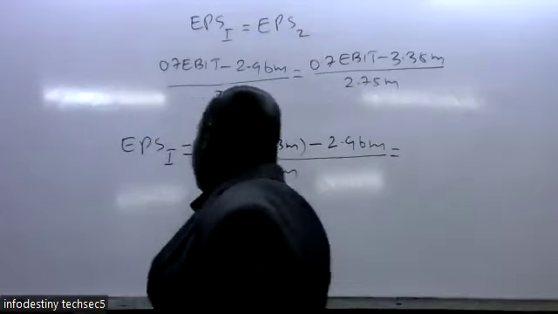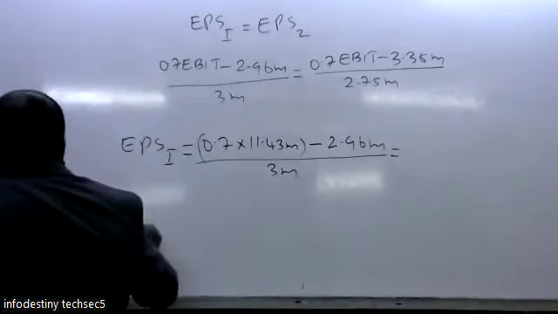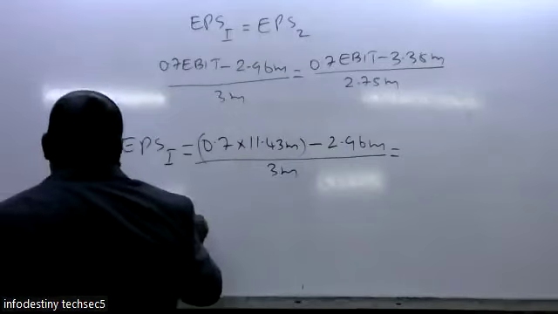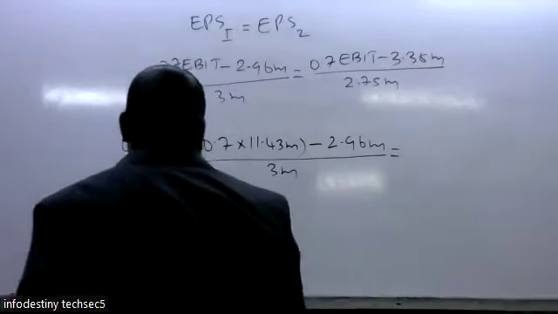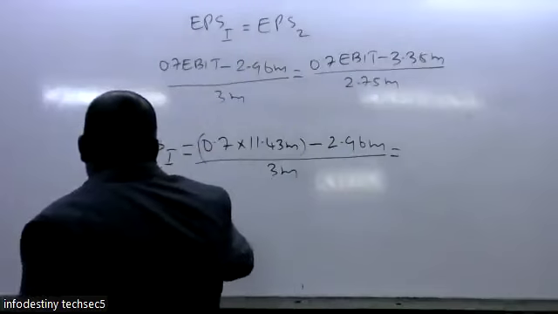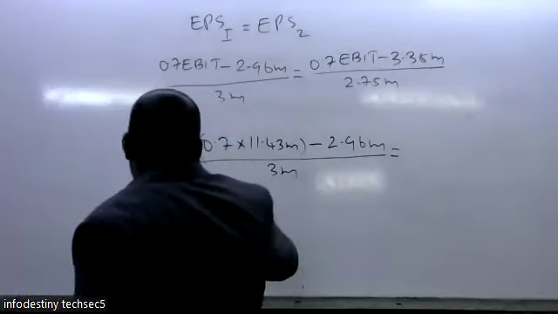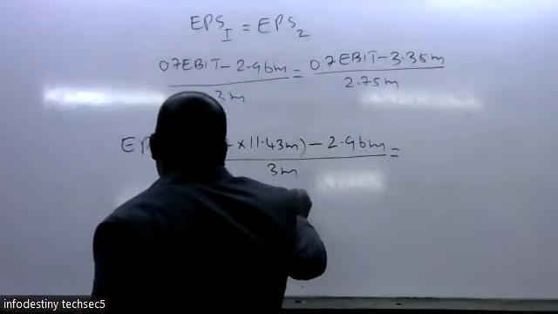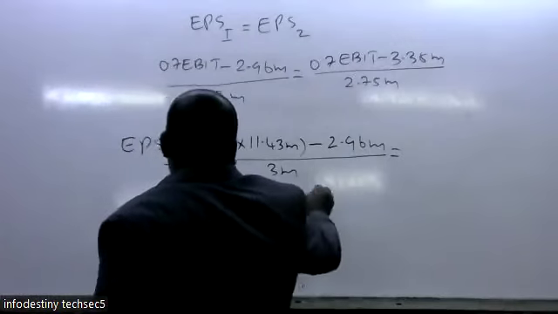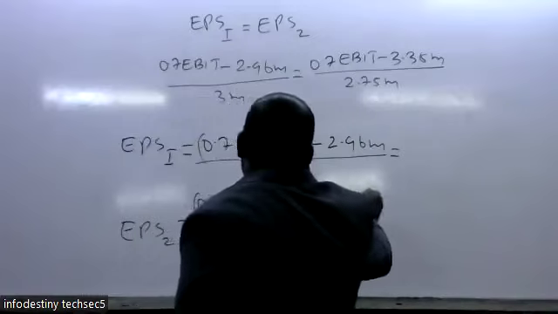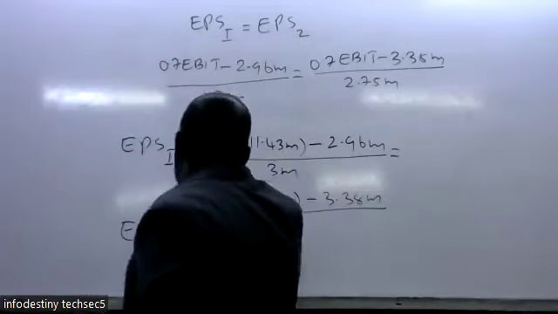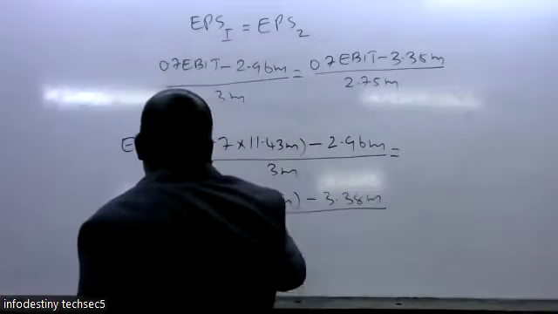Then also earning per share for option 2. You simply take 0.7 multiplied by 11.43. But this one you subtract 3.38 millions. Then divide by 2.75.